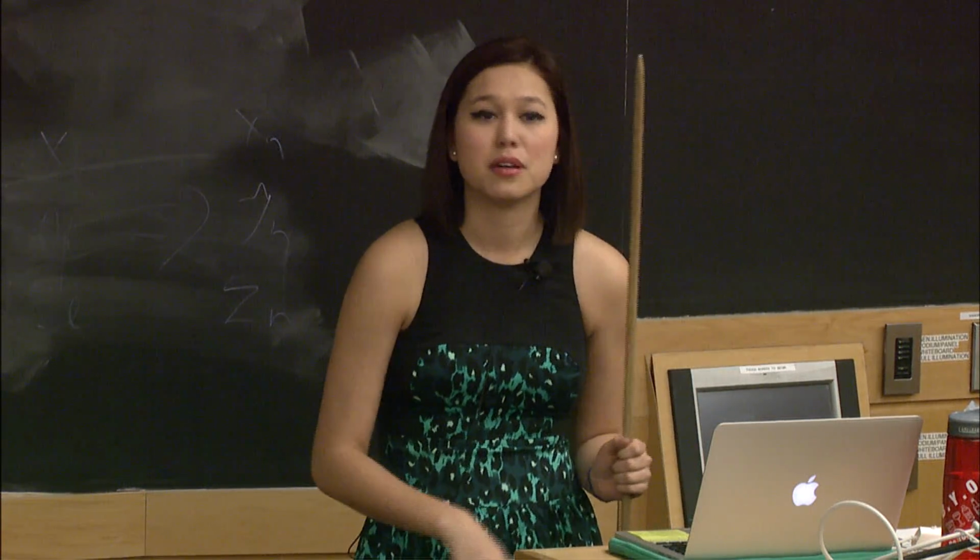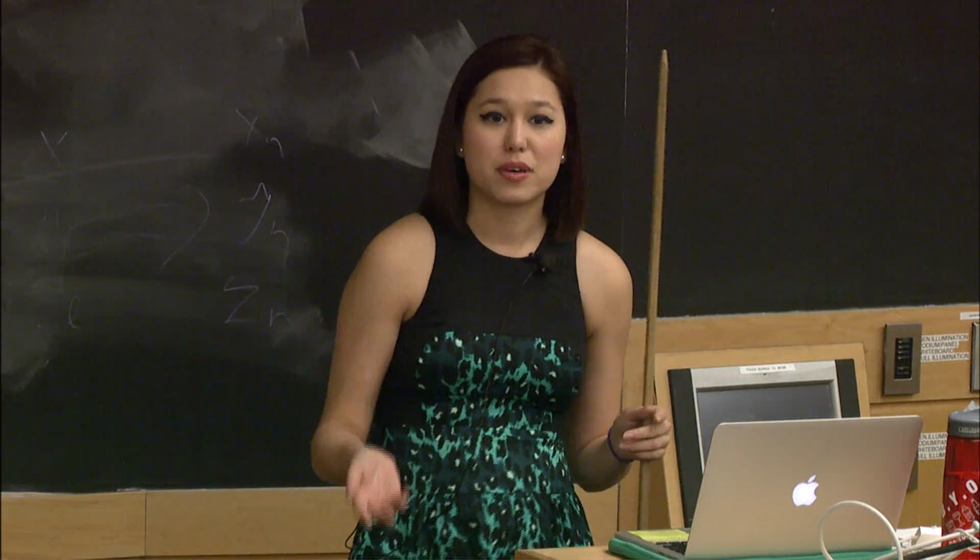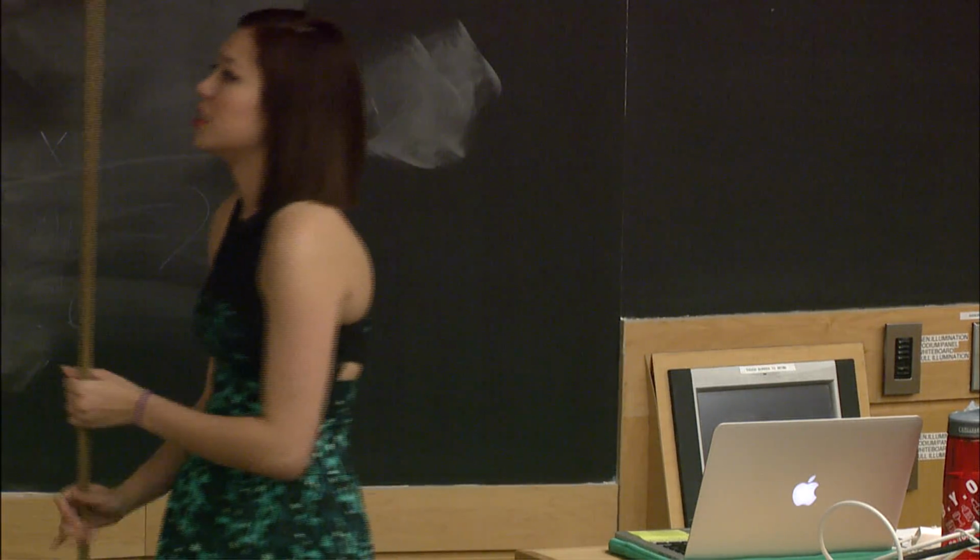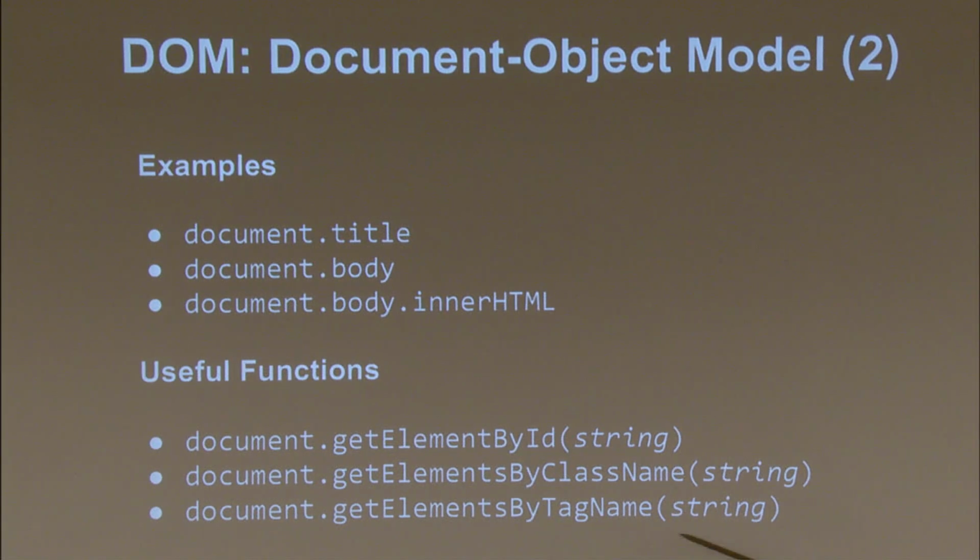In the same way, maybe you just want to manipulate some H1 header like we did. You could do get elements by tag name because H1 is a tag name. And in the same way, if you want to get some unique thing, you can do get element by ID. And there are actually lots of these. These are only 3 of very many.